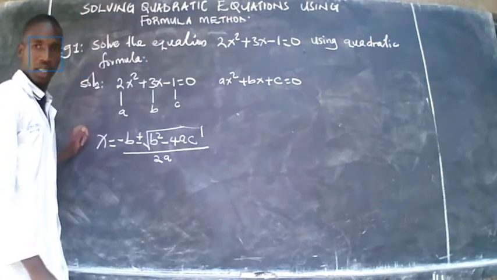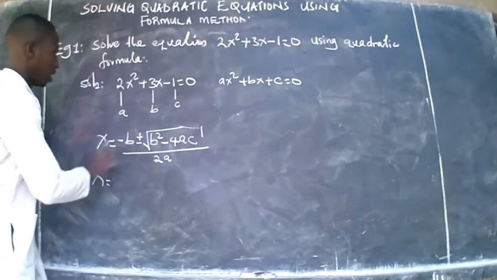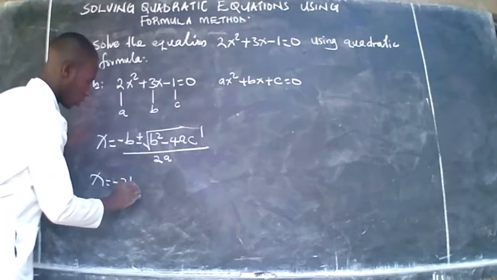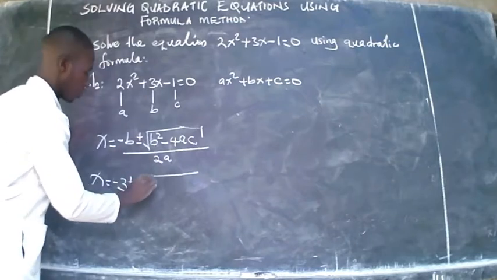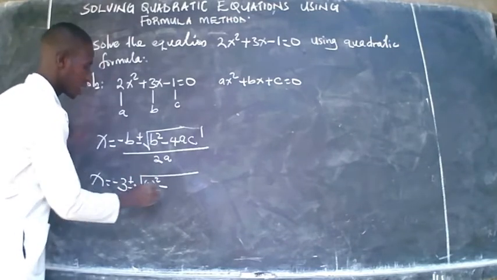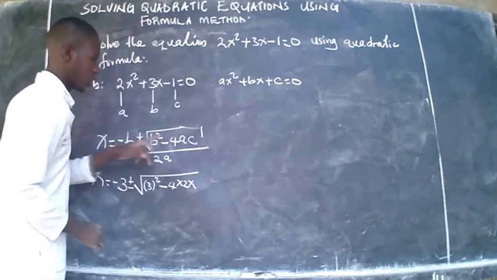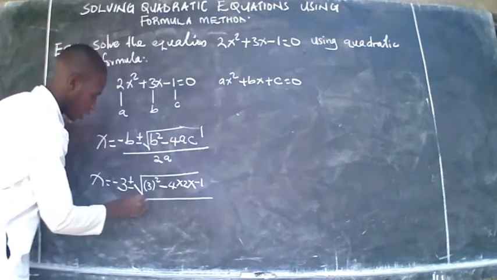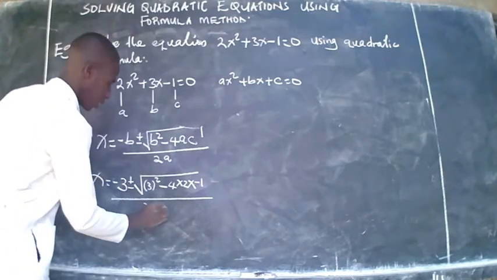So in this case, x will be equal to negative b, which is negative 3, plus or minus root of b squared, which is 3 squared, minus 4 times a, which is 2, times c, which is negative 1, the whole thing divided by 2 times a, which is 2.